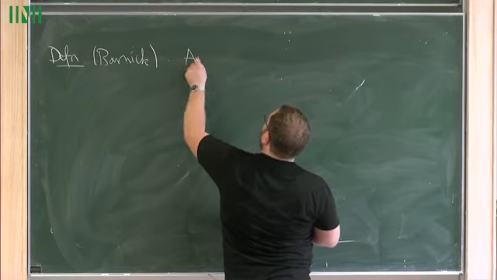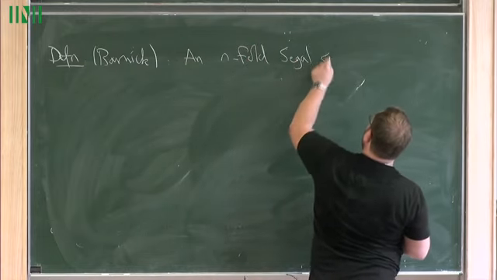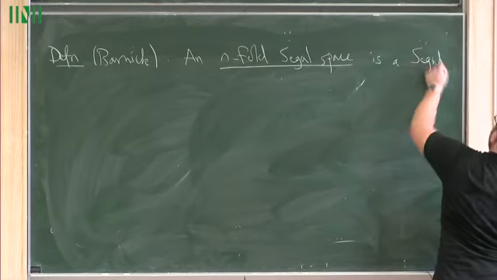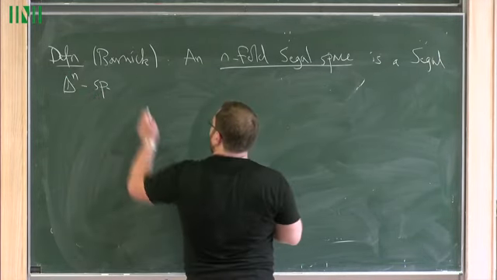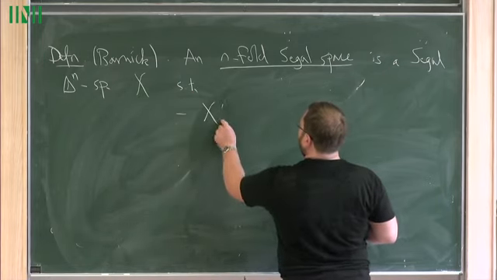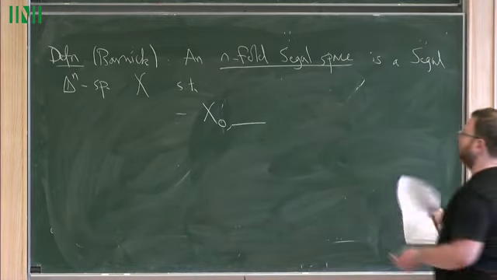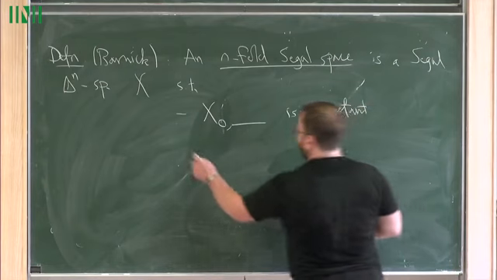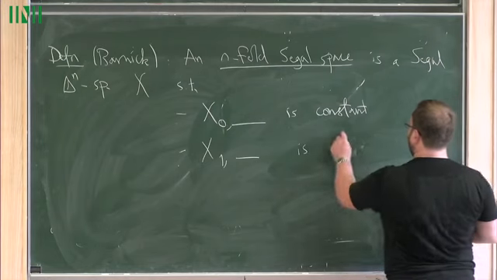So say that an n-fold Siegel space is a Siegel delta n space x such that if I put the first coordinate to be 0 and look at that as a functor of delta n minus 1, this is constant, and then x1 blank should be an n minus 1 fold Siegel space.